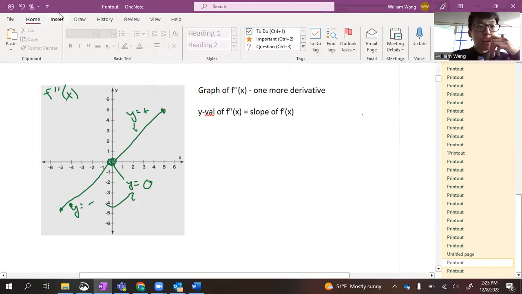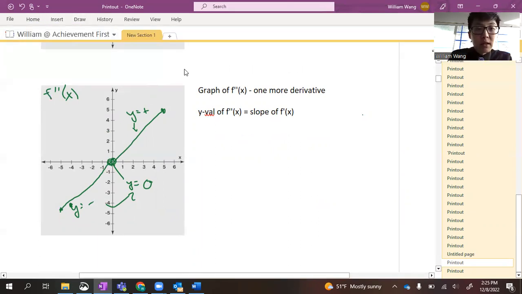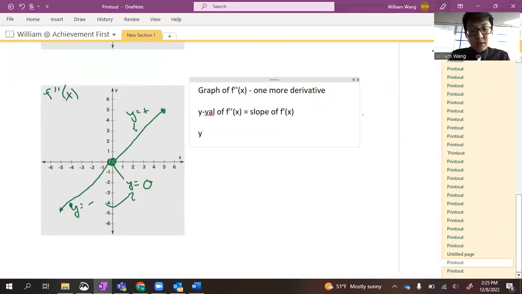Now, there's a few other takeaways I want to talk about. The y value of f double prime of x is not only the slope of f prime of x, it's useful in and of itself because it gives me information on f of x. So let's clarify that relationship. The y value of f double prime of x is actually also going to tell me information about the concavity of f of x.